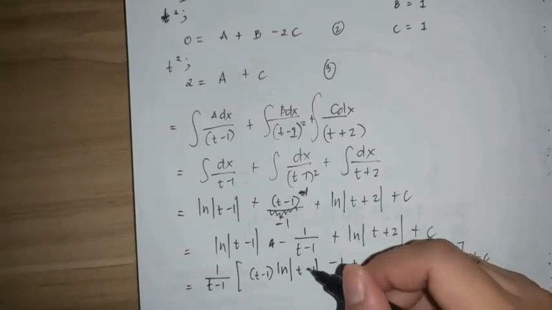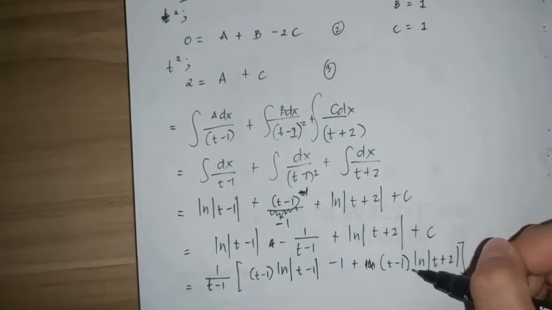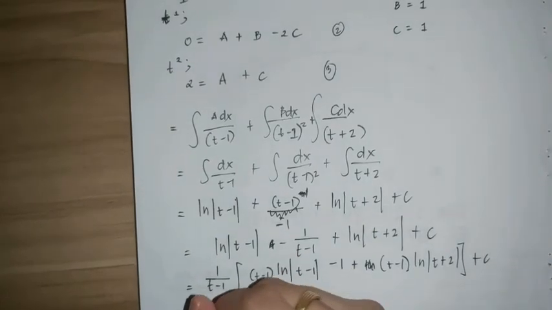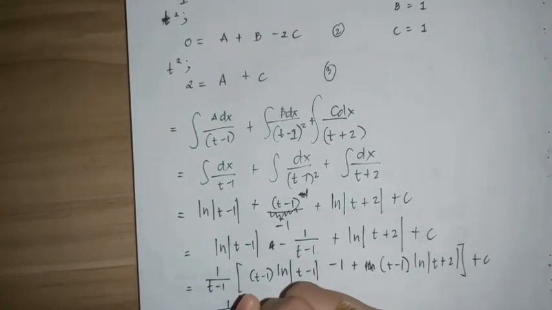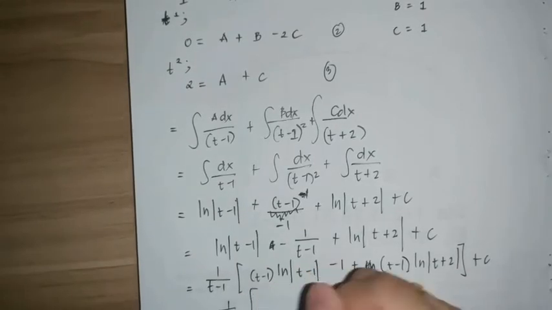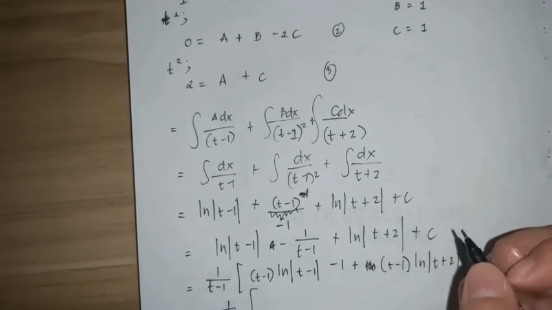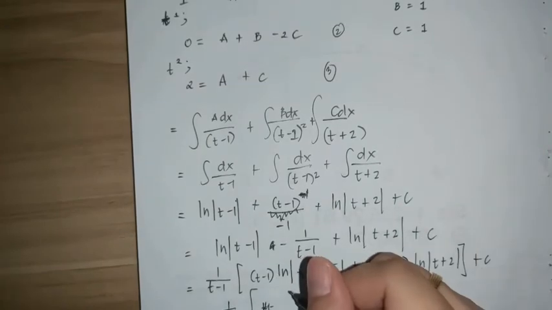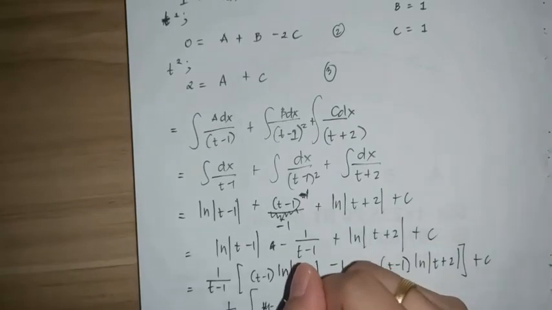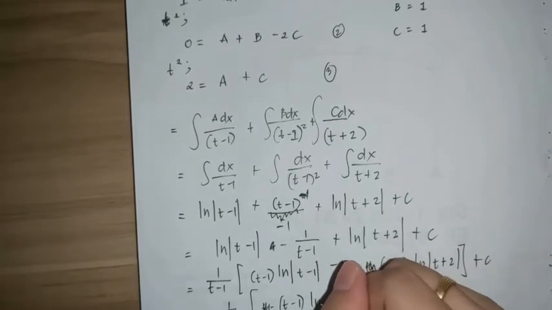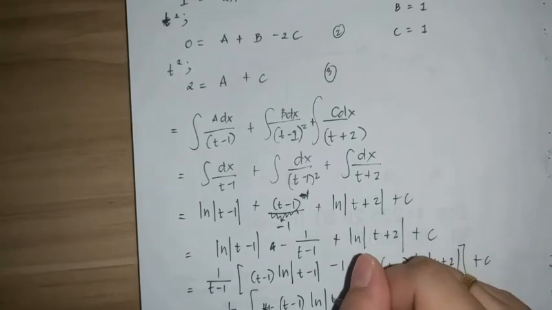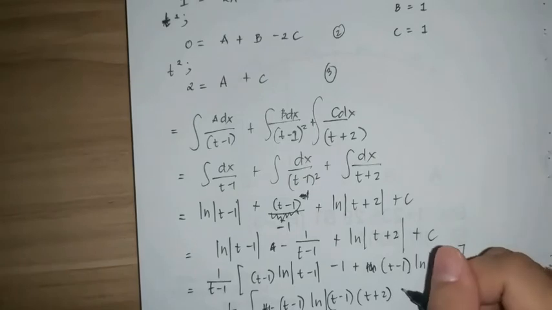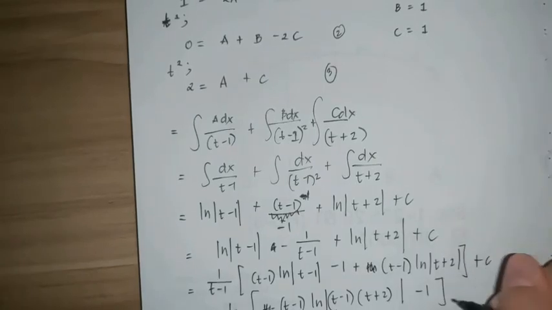I think we could still reduce this. So we have 1 over t minus 1, or we could have this, we can have this t minus 1 times ln of t minus 1 times t plus 2 dt minus 1, plus c.